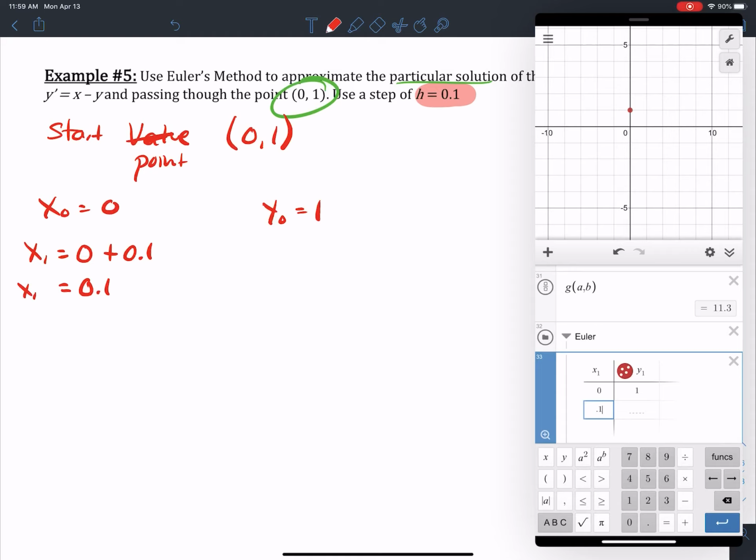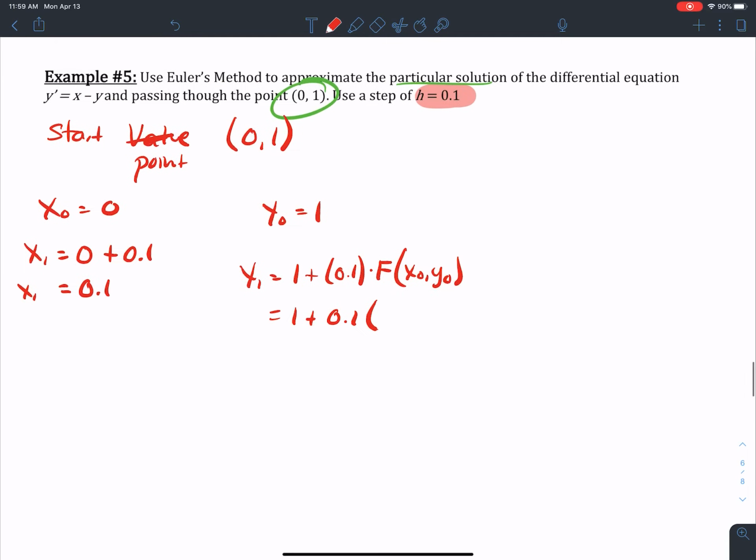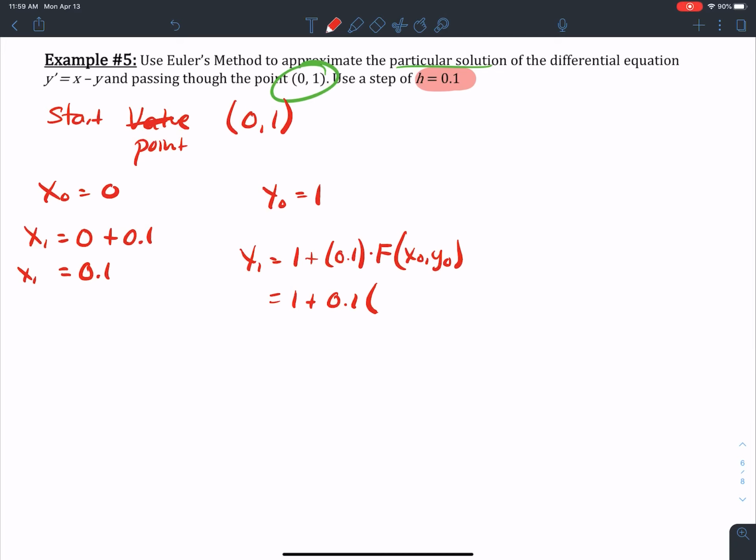And what we need to do is find the new y value. So our new y value is, we start at the old y value, we're going to multiply it by h, and then we need the slope at the previous point. So showing a little extra work on this one, 1 plus 0.1. Now the function f, what that says to do is to take x and subtract y, right?